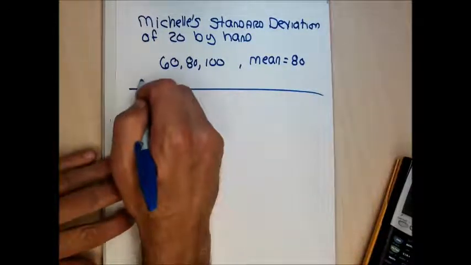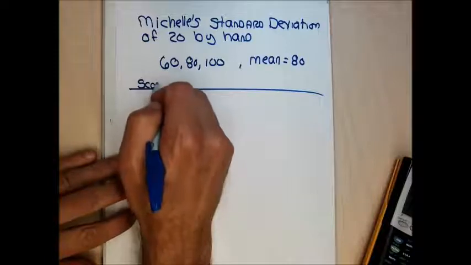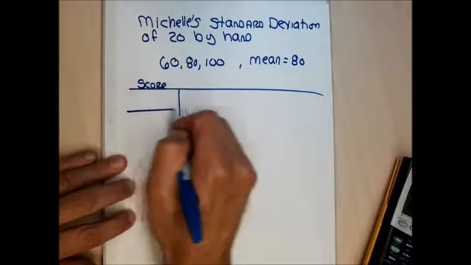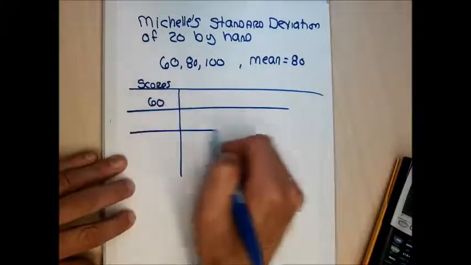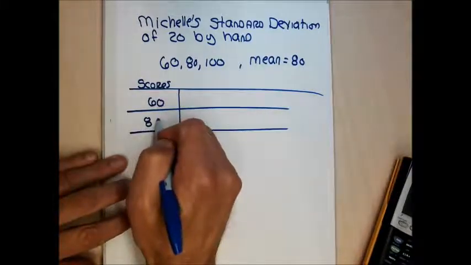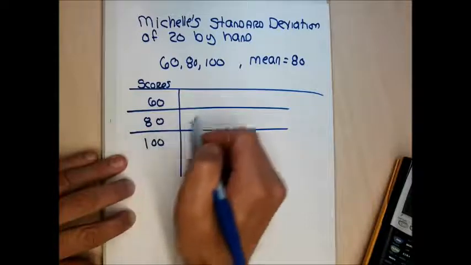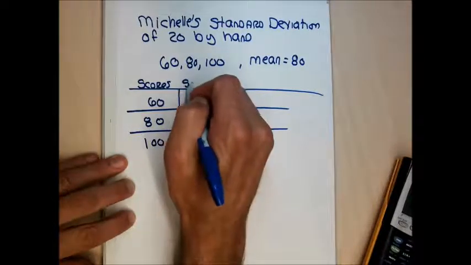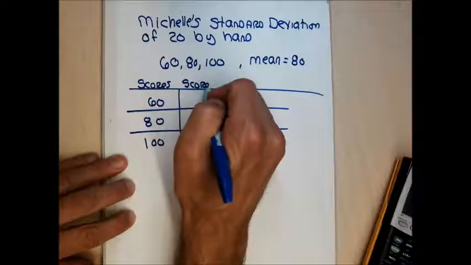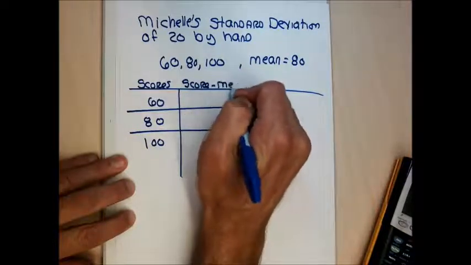In the first column, I'm going to put her test scores. And Michelle's test scores were 60, 80, and 100. The next column, I'm going to take her score minus the mean.